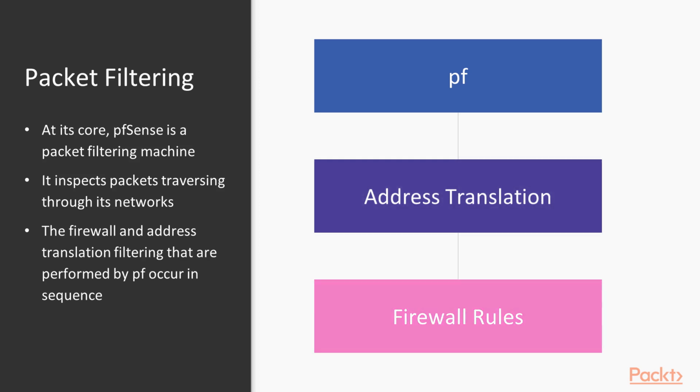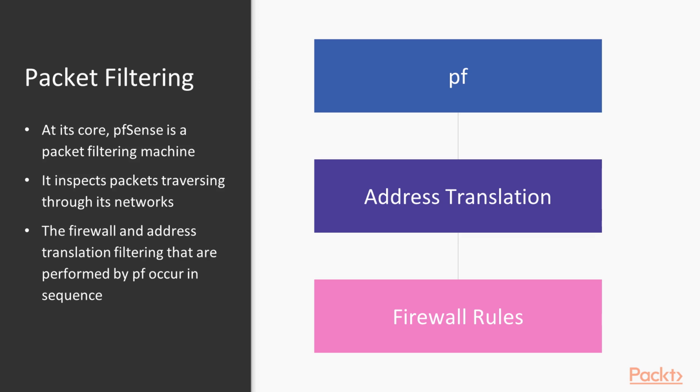Firewall rules control whether network traffic is allowed or denied to pass through an interface. These rules can be applied in a variety of ways and are processed in a top-down order.